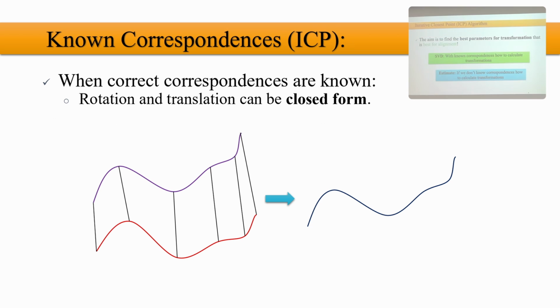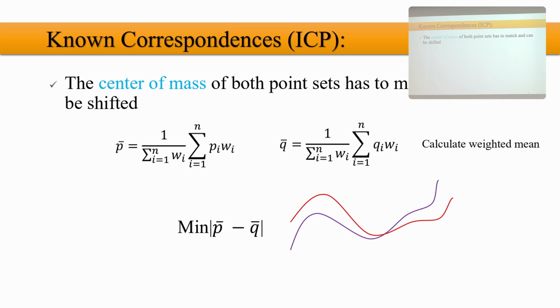So what happened here? Okay. So we say when correct correspondences are known, rotation and translation can be computed in closed form, so that we can do it. It is called closed form, and to make it faster, we can calculate the center of mass of both point clouds to make it simpler, and do the rotation and translation.